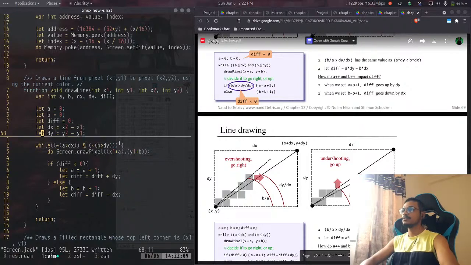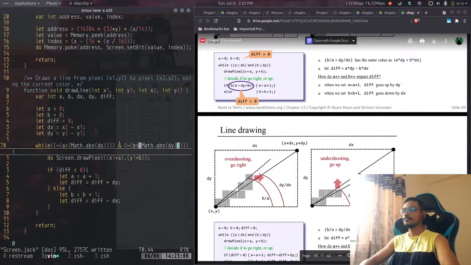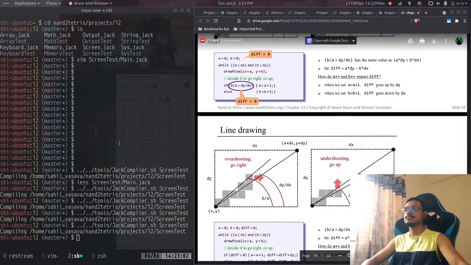Then in this case that might just work. Let's try to do that. Math dot abs. Let's see what happens in this case.